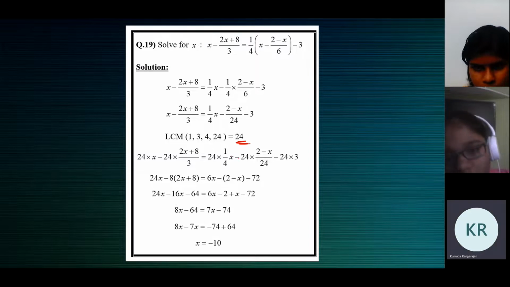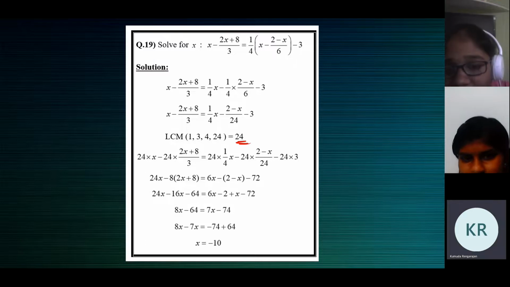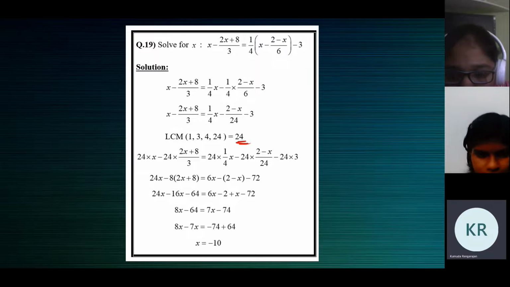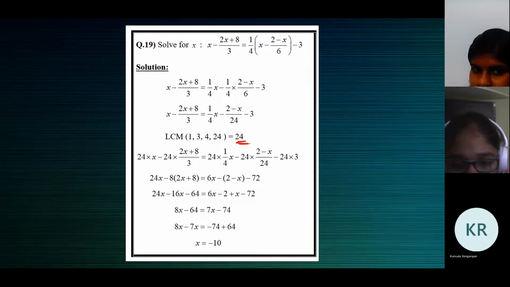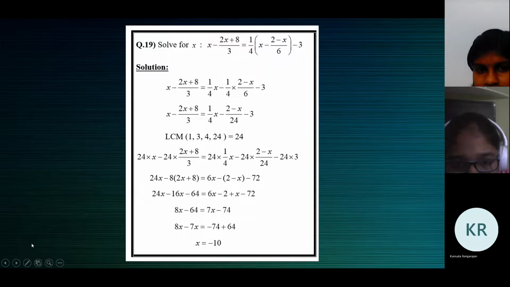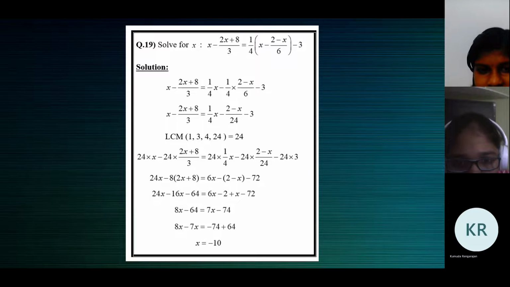Next, what do we do? Let me ask Bhavishya. Bhavishya, what's the next step? Ma'am, we should multiply by 24. What should you multiply by 24? Ma'am, the terms. How many terms are there in the LHS? 2 terms, ma'am. You should multiply both the terms by 24.